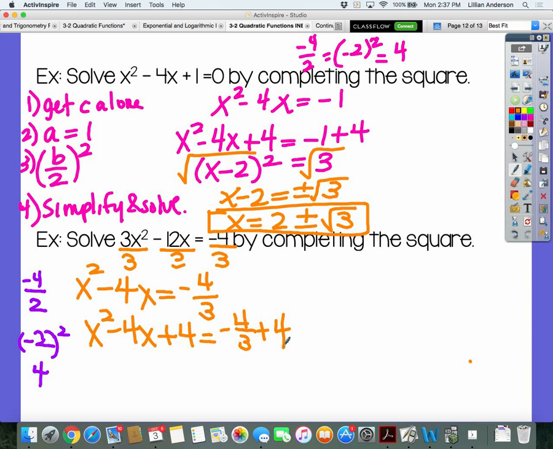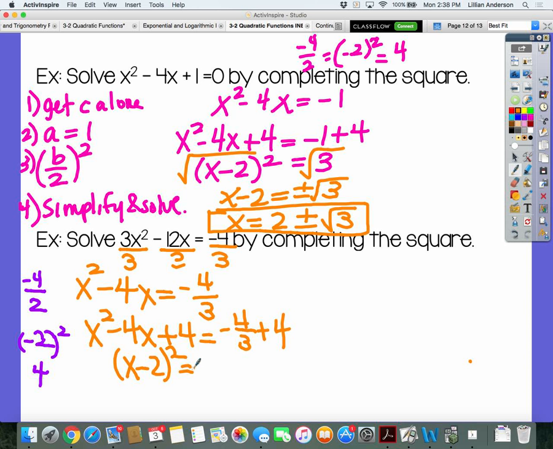Last step, you have to simplify and then solve. Since this is basically the same setup as the last one, we already get the left side factors down to be what? But what is -4/3 plus 4? How do you add a whole number to a fraction?